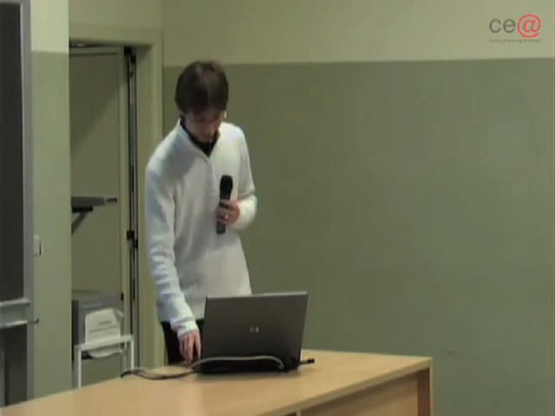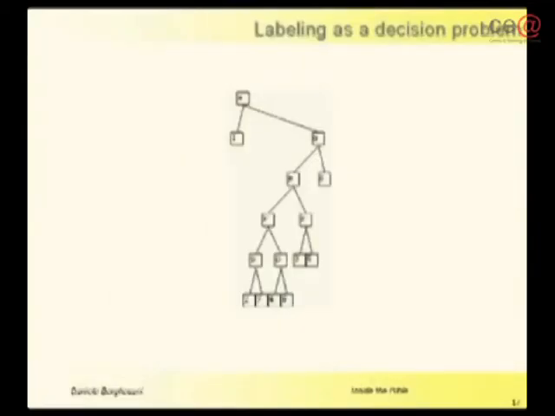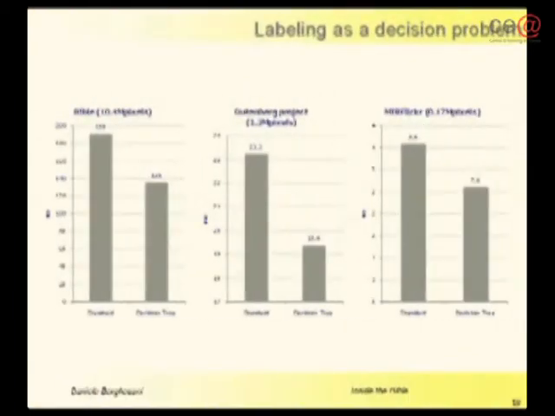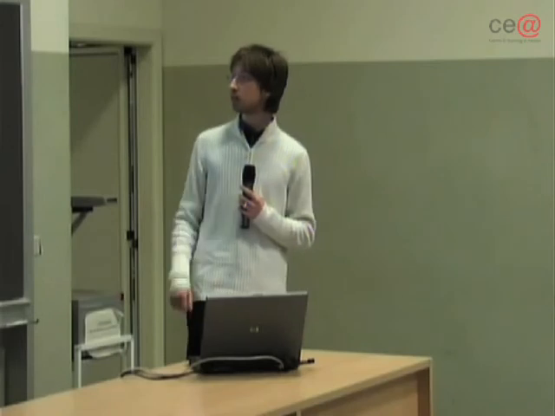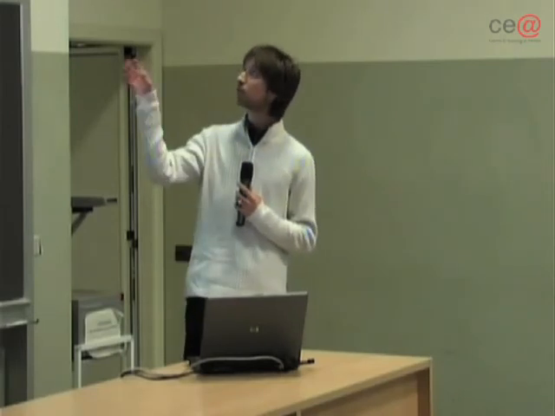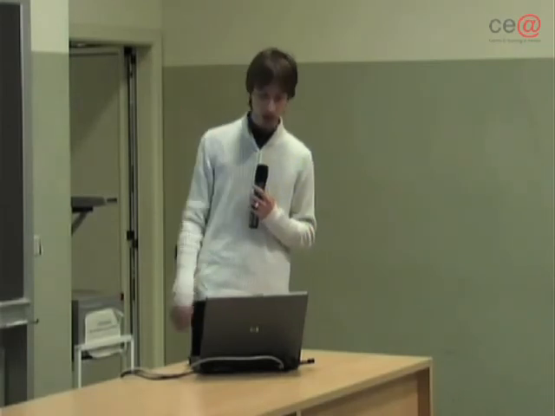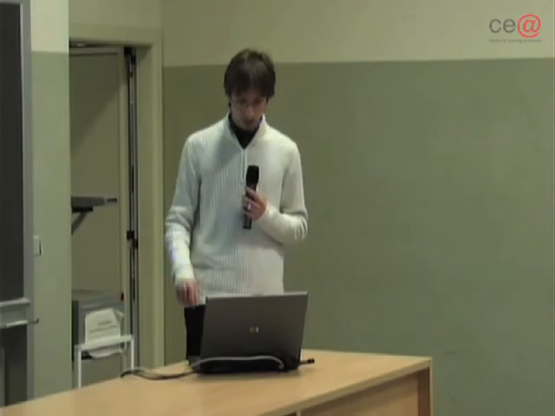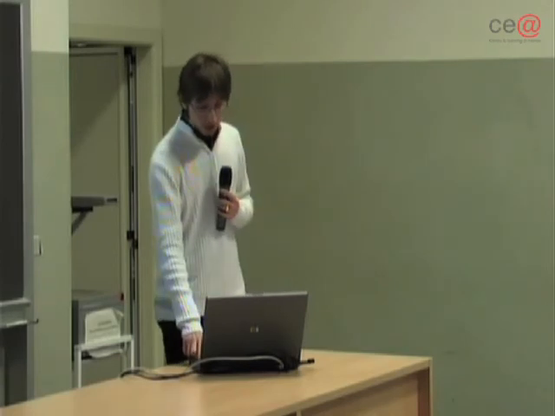And we obtain this tree, and if you look at the charts, you can see that the performance gain is quite significant, just by using the decision tree, compared to a standard approach, in different situations with different image sizes, so different numbers of labels and so on.